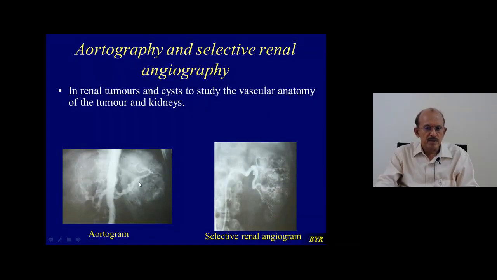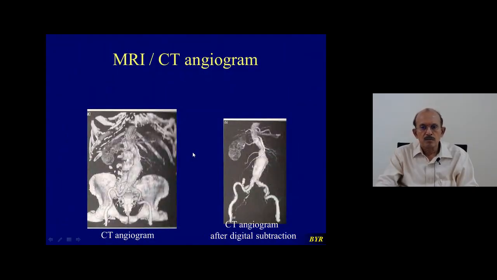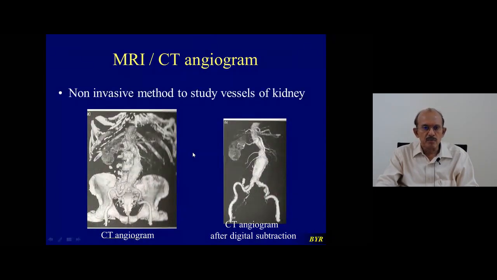So this gives the renal artery, selective renal angiography. In very vascular tumors, therapeutic embolization with gelfoam or glue may be done to block the vessels. MRA or CT angiogram is a non-invasive method to study the vessels of the kidney.